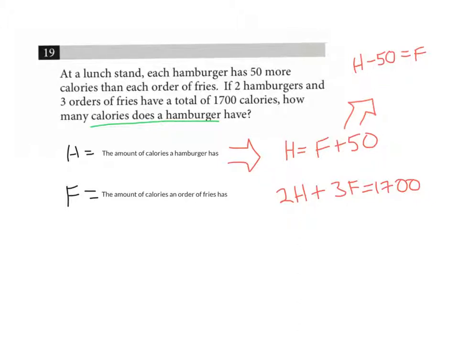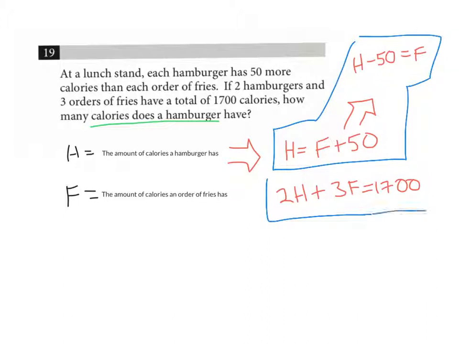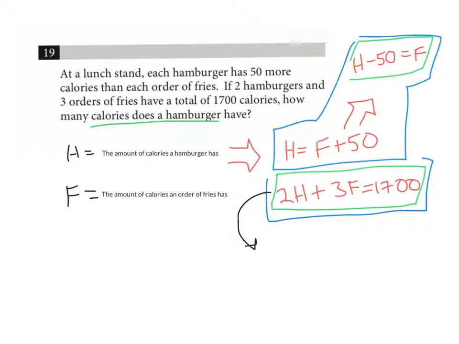So anyway, these are the two equations I am now going to be working with. When it comes to this one, we have 2H plus 3 times what? H minus 50 equals 1700.